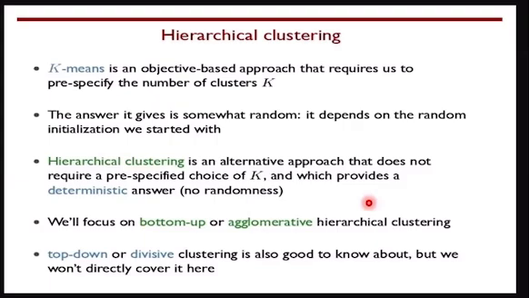If I have 1,000 students here, I have 1,000 clusters. Then I will begin merging. When I'm merging, I'm going from the bottom to the top, and that is what we call the agglomerative hierarchical clustering.